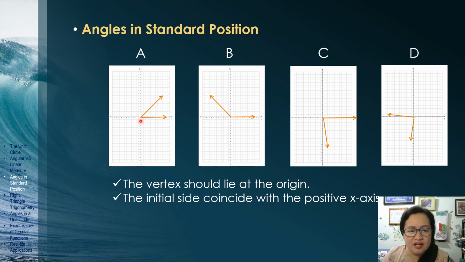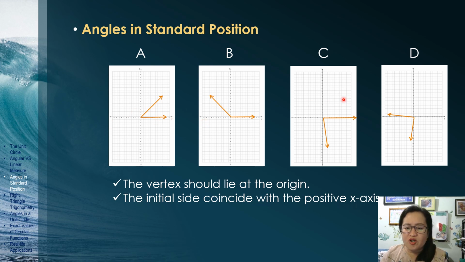Let's see. The angle in option A is at the origin. The angle in B is at the origin also. C is at the origin also, and D is at the origin. Now, the second characteristic is that the initial side coincides with the positive x-axis.